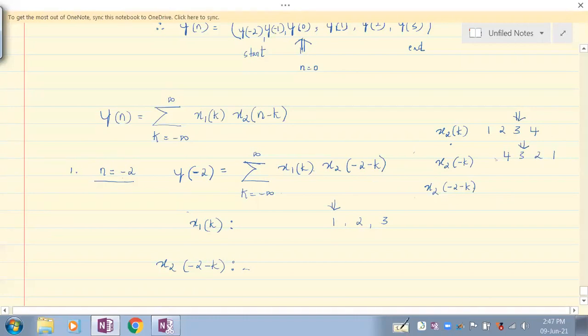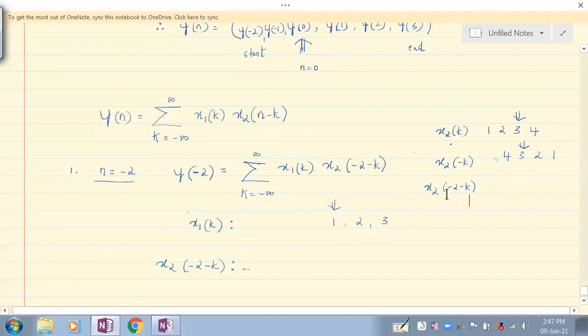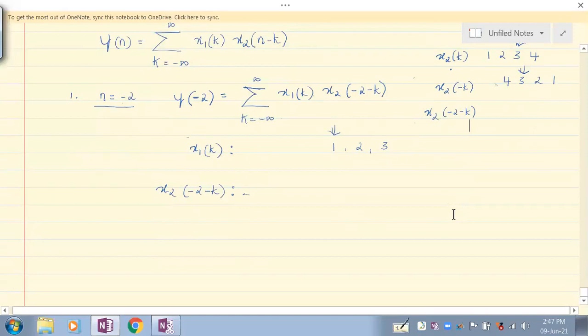Okay, with that, everybody just listen to me very carefully. If you have x2 of minus k, then x2 of minus 2 minus k is shifting this to the left by 2 units. That is x2 of minus 2 minus k. Everybody understand that point? Let me write this for your understanding.